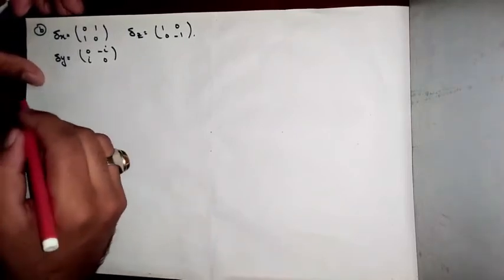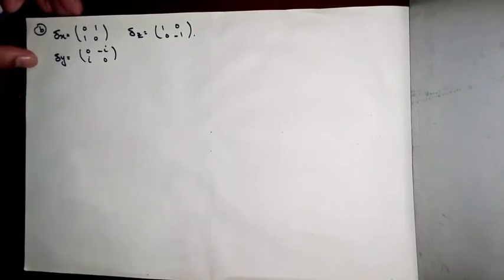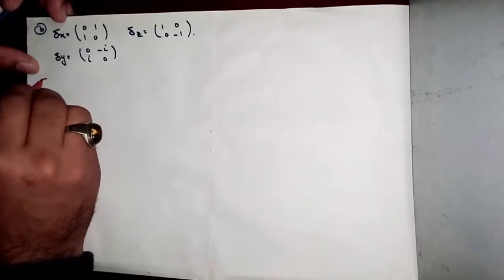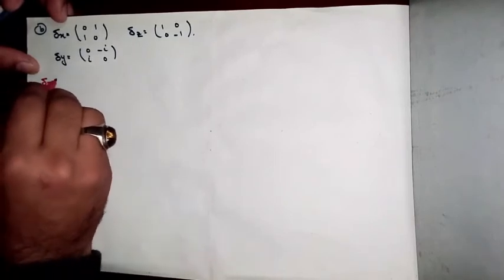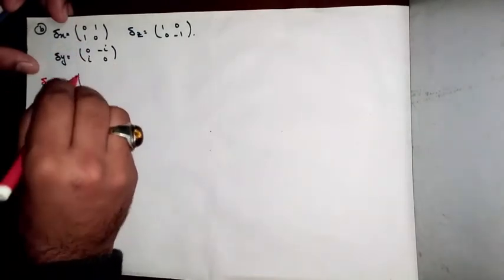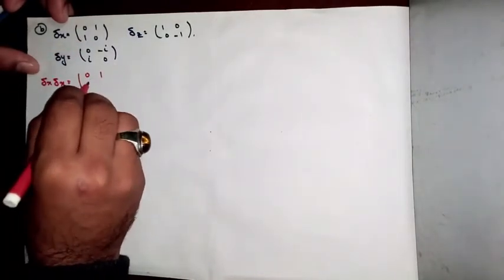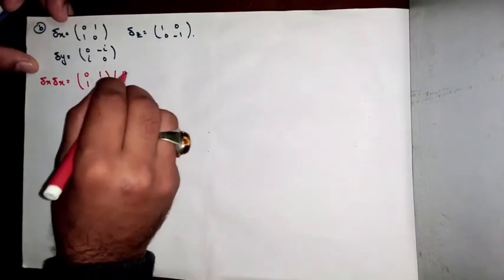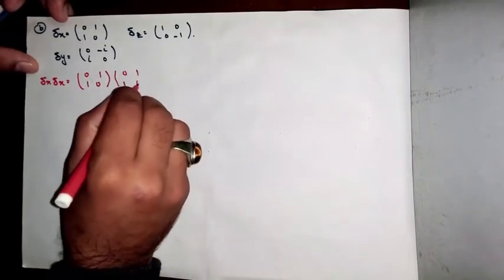So I have to take the product of sigma x with sigma x, sigma y with sigma y, and sigma z with sigma z. So what are the results? Let's check it. Sigma x with sigma x. So the value of sigma x is 0 1, 1 0, and again 0 1, 1 0.